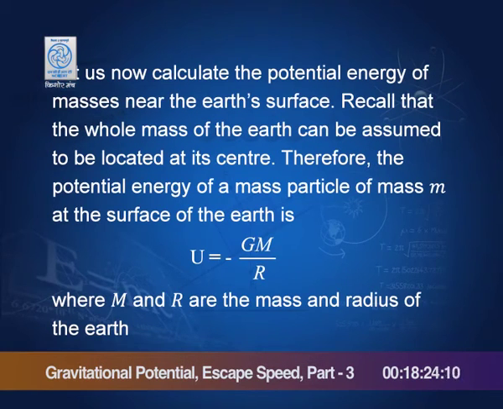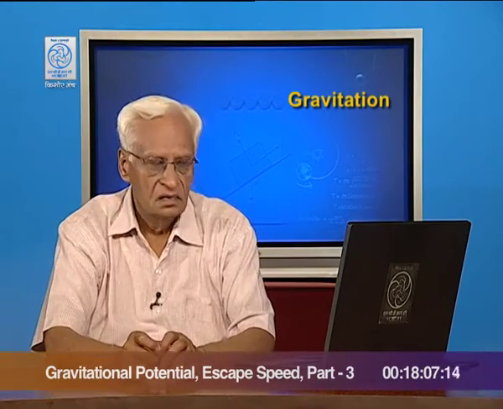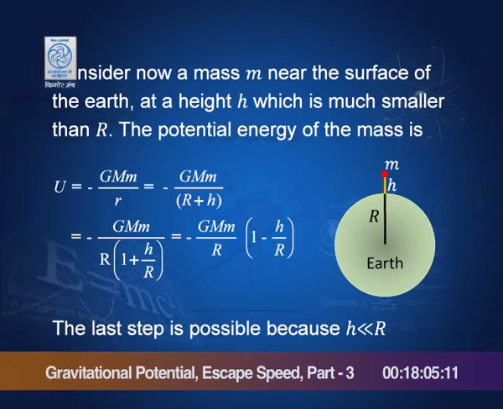The potential energy we already calculated for a unit mass, which is U equal to minus GM by R. This is at the surface of the earth, and R, let me remind you, is the radius of the earth. Now, suppose we go to a short height h from the surface, then what happens? Then we can write the gravitational energy U is equal to minus GMm by r, where m is the mass of the particle.